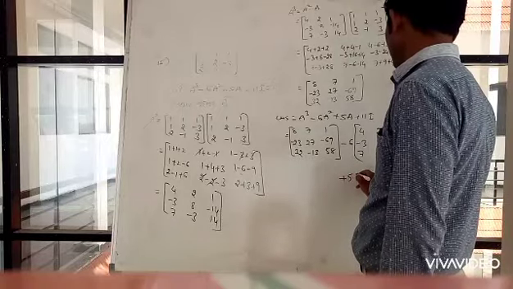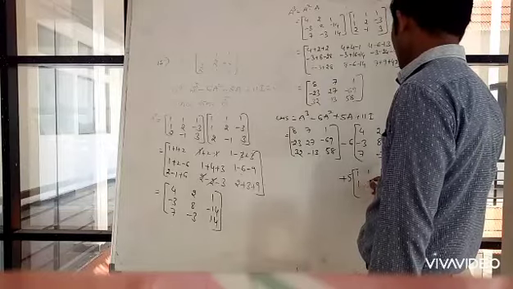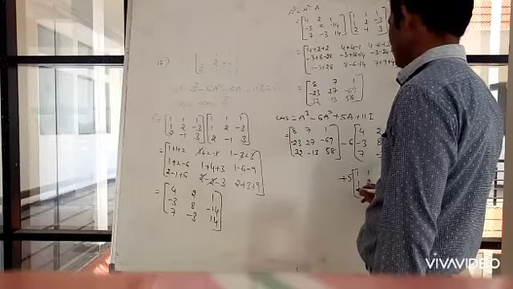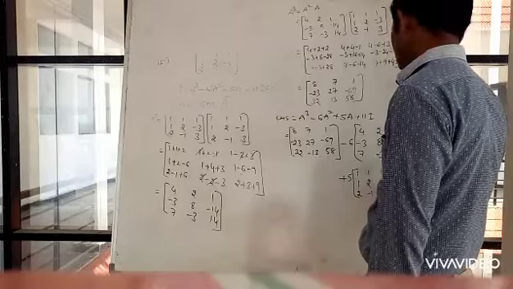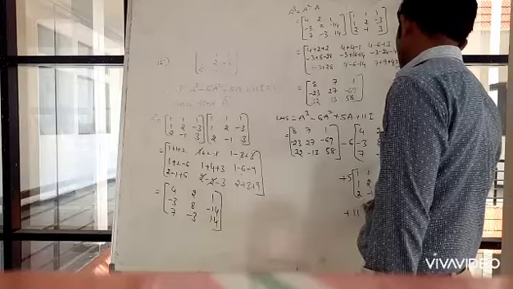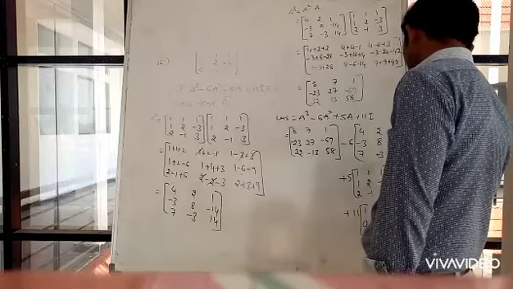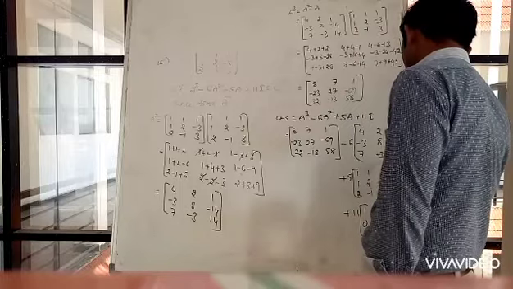Plus 5A, 5 into A, which is 1 1 1, 1 2 minus 3, 2 minus 1 3. Plus 11I, 11 into I, which is 1 0 0, 0 1 0, 0 0 1.